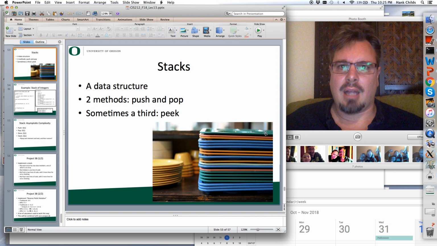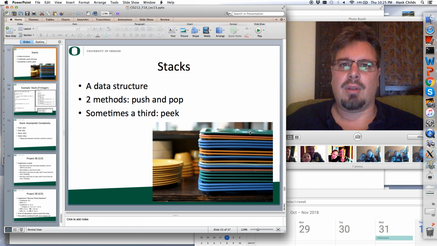This is a lot like the array that we looked at in today's class, except the array didn't have a pop, it only had a push. Sometimes there's a third method, called peek, which says show me what's on top but don't take it off. So there's really no way to get to anything below this top green tray, except to take it off and then look at the one beneath and the one beneath and so on.